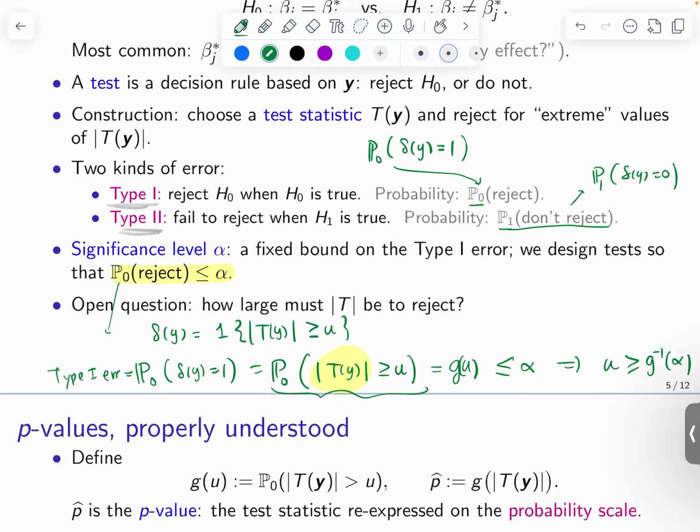So inverting that function gives you the range of the threshold, and you push it as low as possible. Pushing it as low as possible would minimize type 2, which you can argue for yourself. So our threshold would be G inverse of alpha. You define that function from the statistical analysis, you invert it, and you get the threshold.